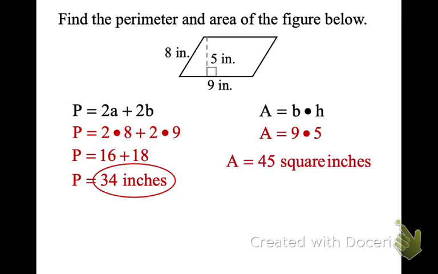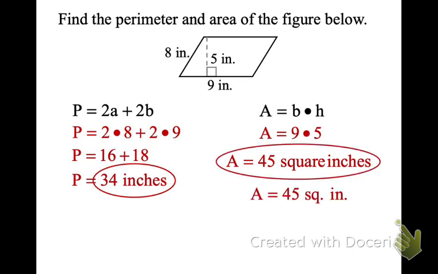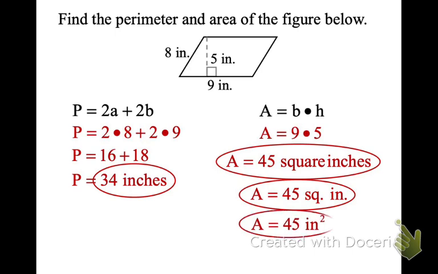That would make 45 square inches. All right. Now, you try it. We always put the square outside of the units, not squaring the number. That would be wrong. We could write it in these 3 ways that are circled, but we may not put the square outside of the 45.